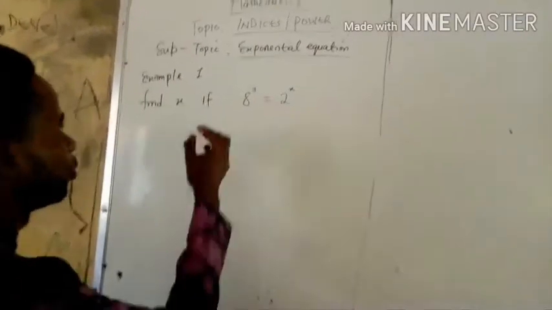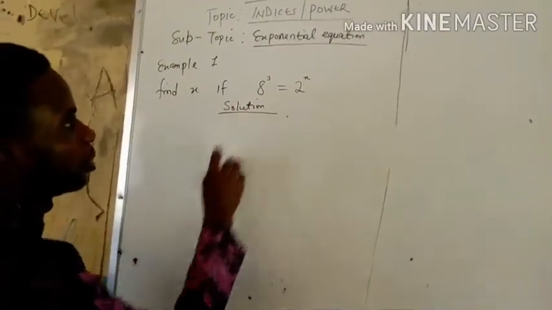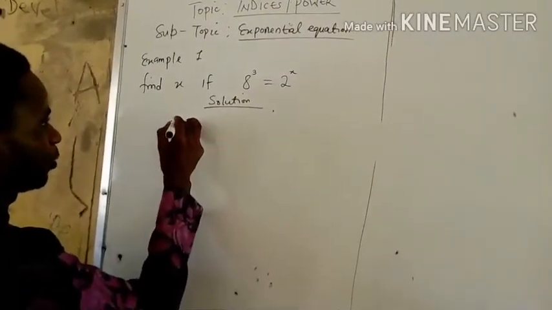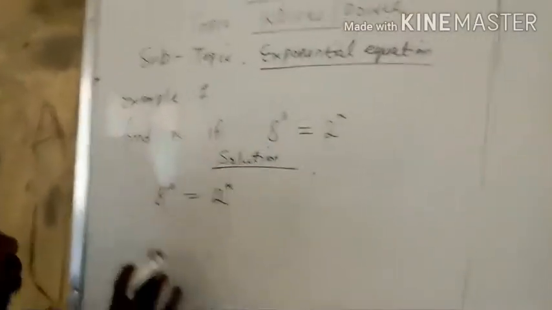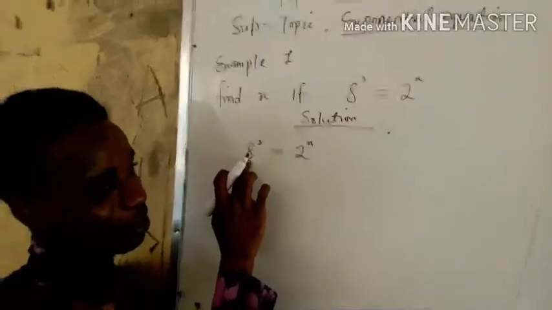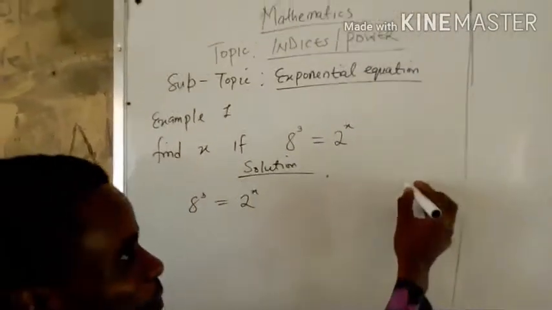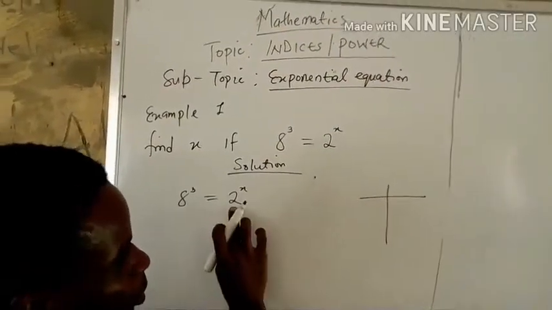So, solution. Here we have 8 raised to the power of 3 equals 2 raised to the power of x. Remember, we'll try to make this 8 have the same base as this 2. So we'll divide it by this base here, which is 2.